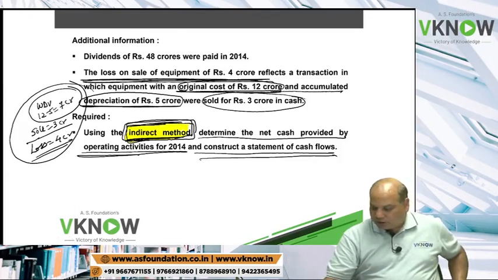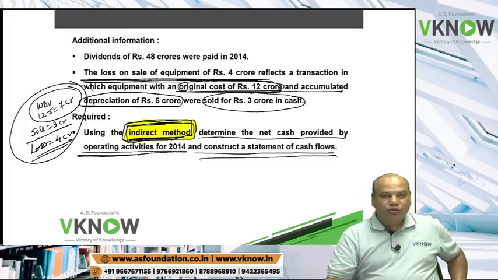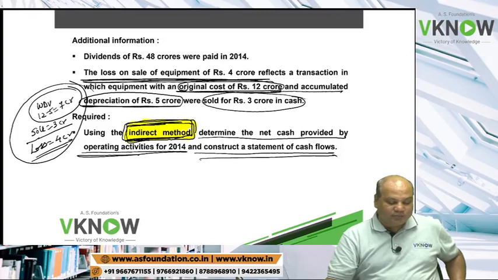So this is indirect method. In this question, data is sufficient to follow direct method also, because sale is given, cost of goods sold is given.